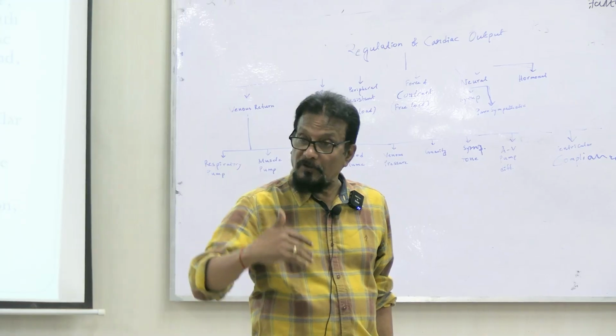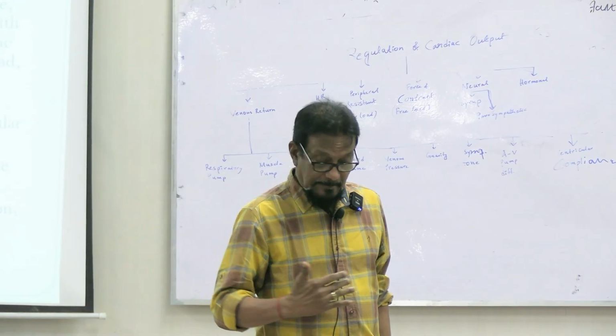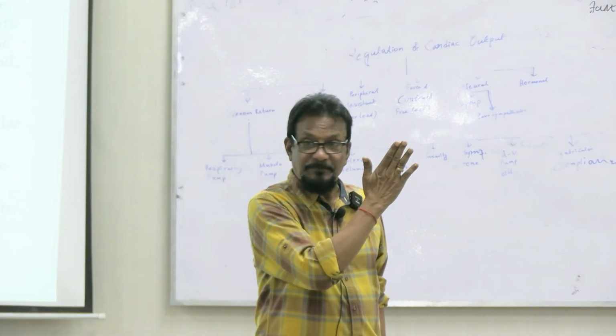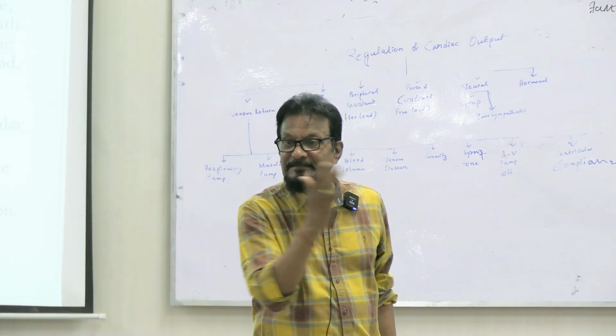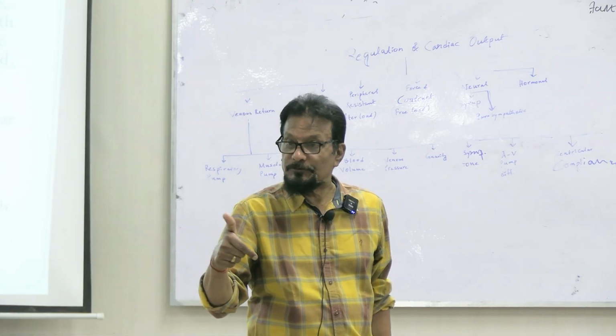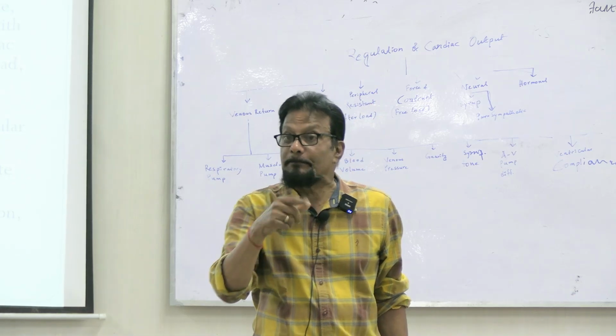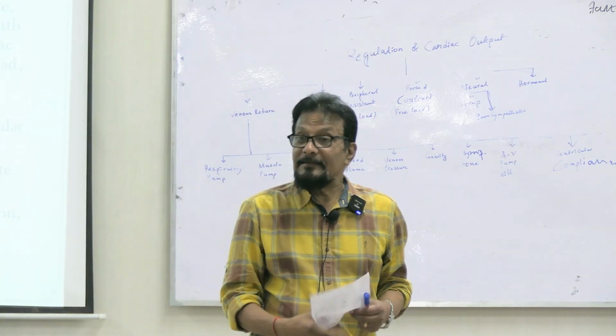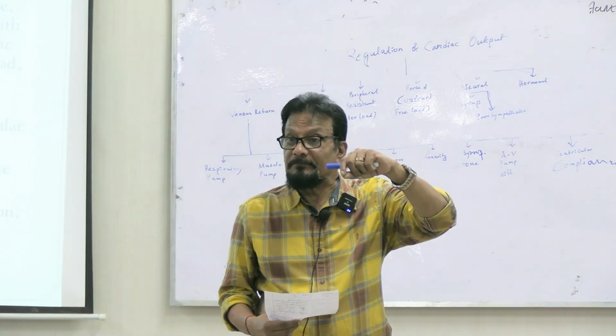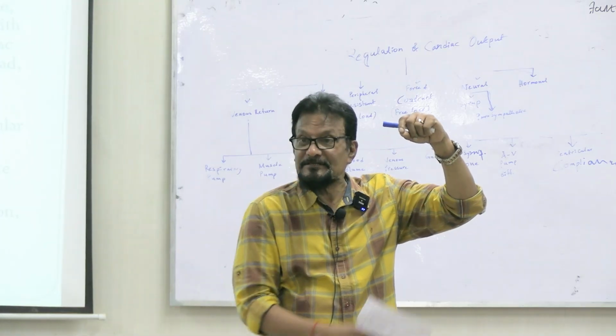Then in the veins it is less than this 22. Then in the superior vena cava it is 5.5. In the right atrium it is 4.5. So gradually this pressure is decreasing.